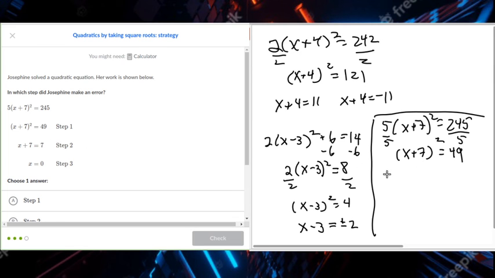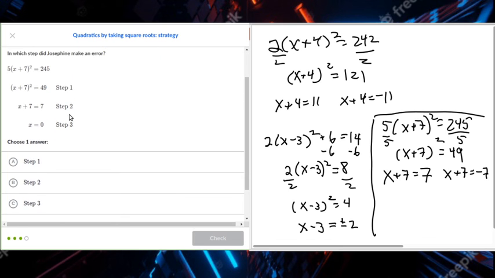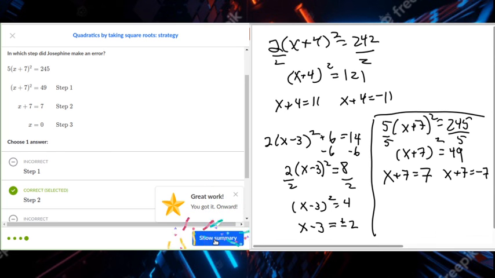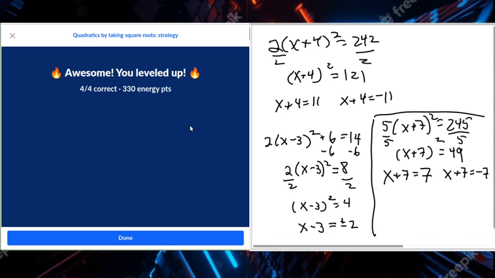Step 2, we're going to take the square root of both sides, so we're going to have x plus 7 is equal to positive 7, because 7 times 7 is 49, and we're going to have x plus 7 is equal to negative 7, because negative 7 times negative 7 is 49. And we can see here it only got the positive answer. That's a really common problem, so the error is in step 2. All right, that's how you do quadratics by taking the square root strategy.